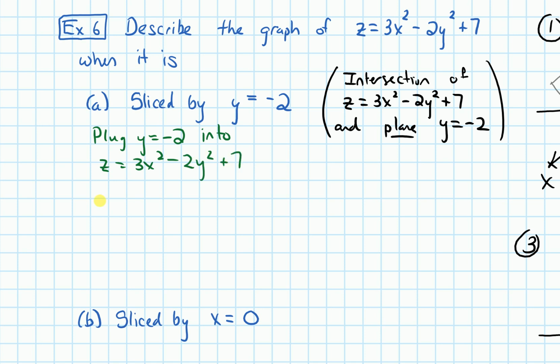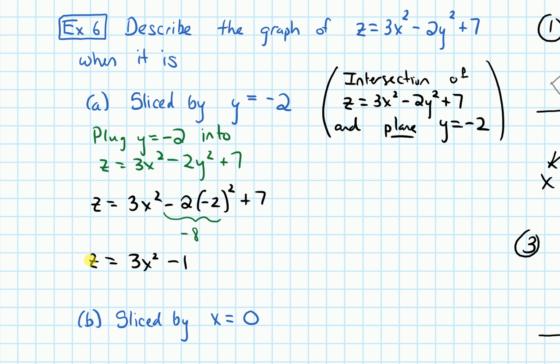So that gives us z equals 3x squared minus 2 times (-2) squared, and then plus 7. -2 times (-2) squared is -8. So this becomes z equals 3x squared, then -8 plus 7, that's a minus 1.